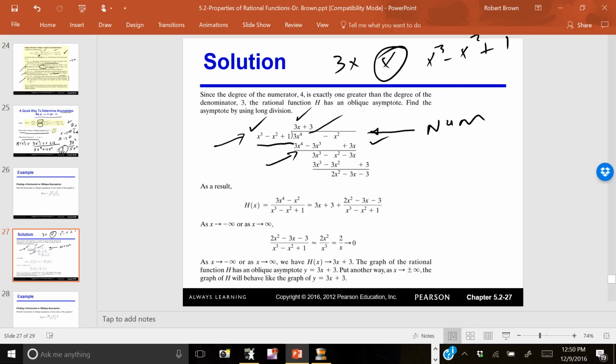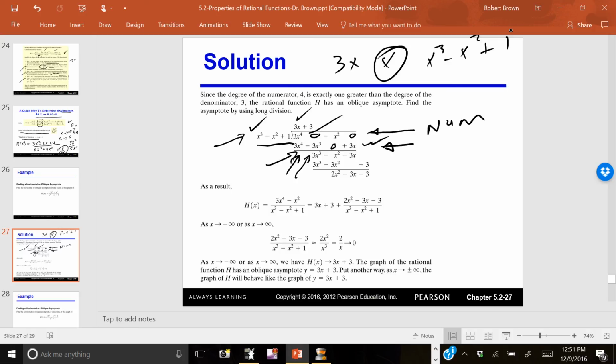Now subtract this line from this line. 3x to the fourth minus 3x to the fourth is 0. 0 minus 3x cubed is minus 3x cubed. 0 from minus x squared leaves minus x squared. And 3x from 0 leaves minus 3x.